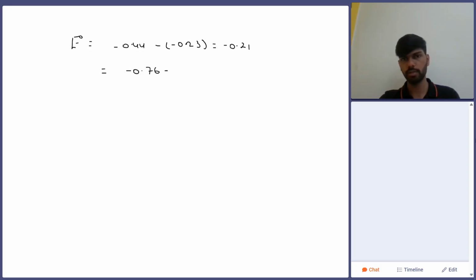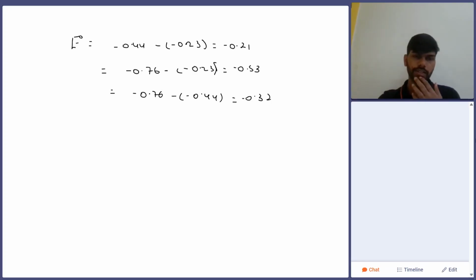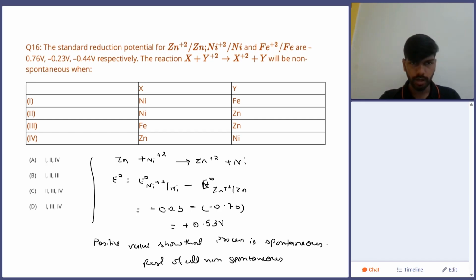Next, -0.76 minus (-0.23) gives -0.53. Next, -0.76 minus (-0.44) gives -0.32. Okay, so if we mark the option here, 1, 2 and 3 is the right answer. Option B is correct.